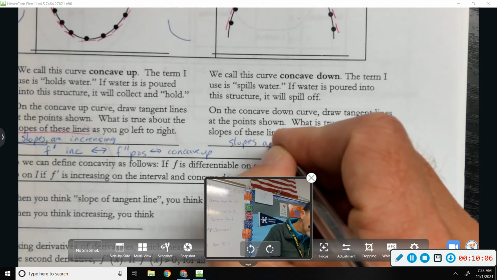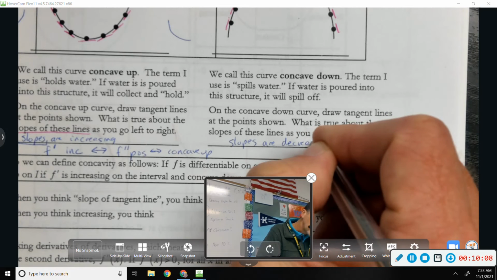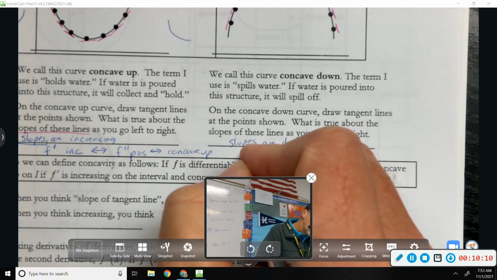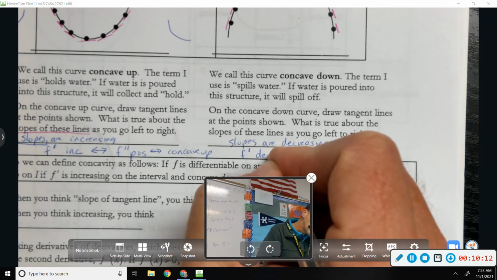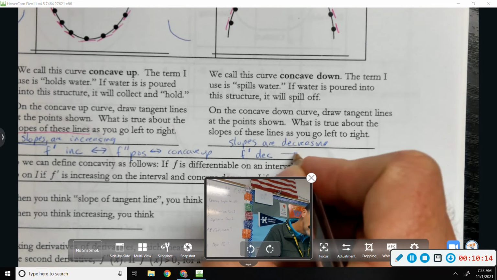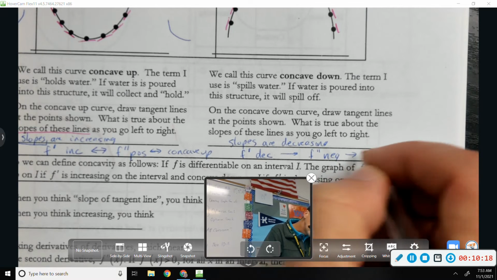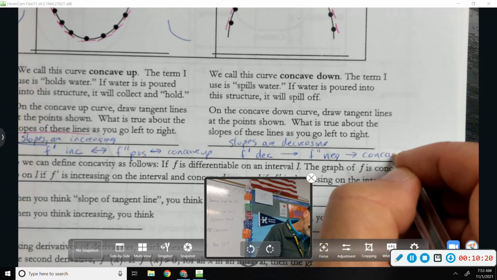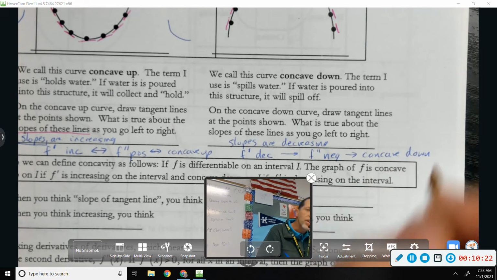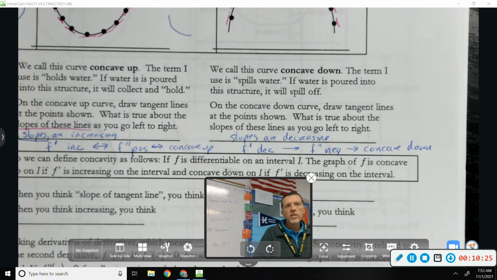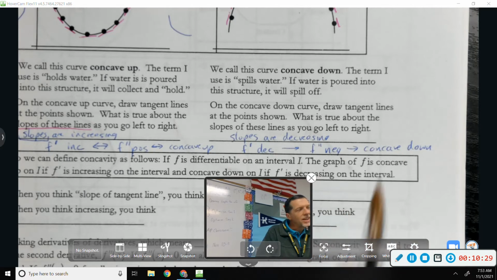The slopes are decreasing, which means that f prime is decreasing, which means that f double prime is negative, which means that graph is concave down. Which we knew by looking, but we want to make sure we have all three of those ideas tied together.